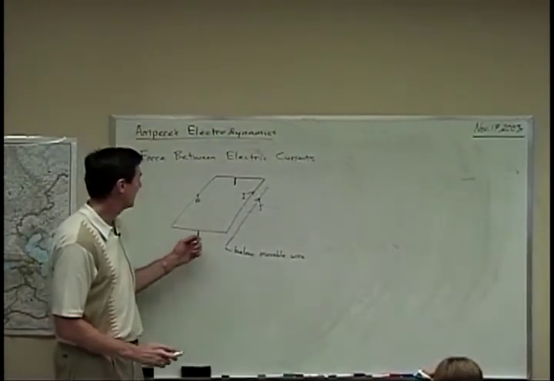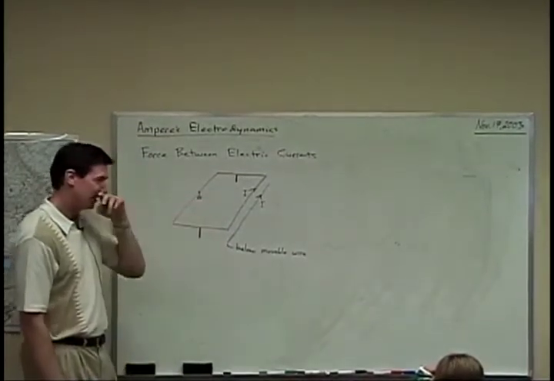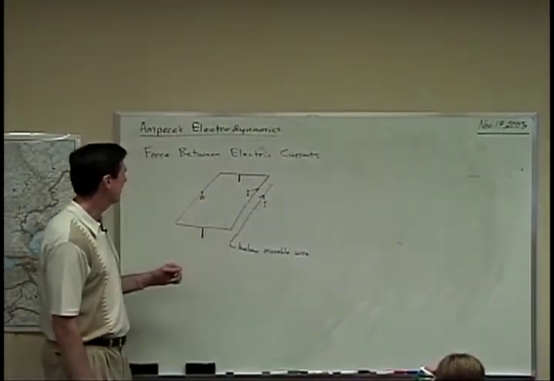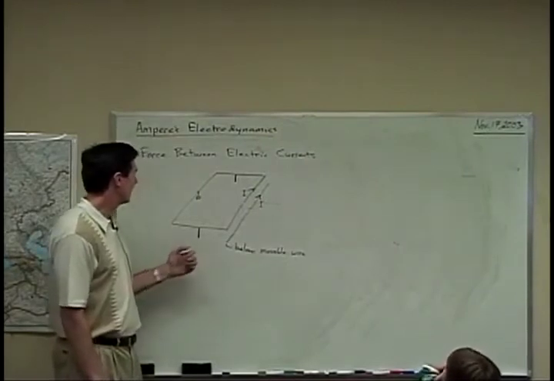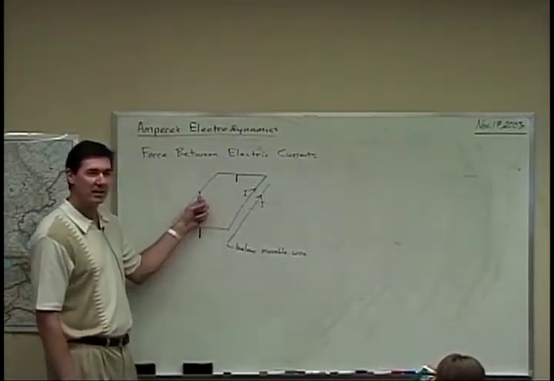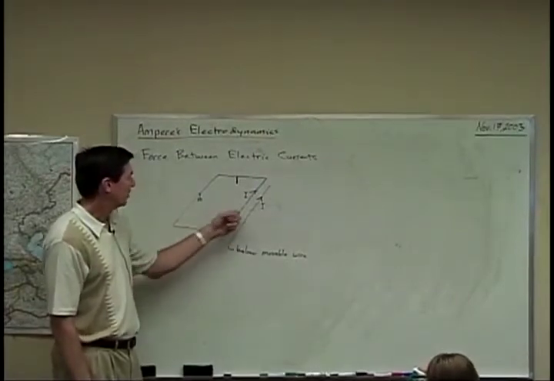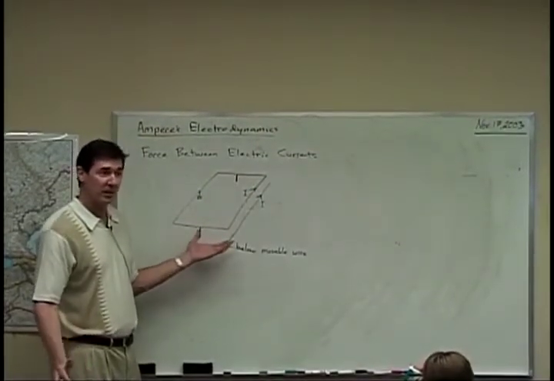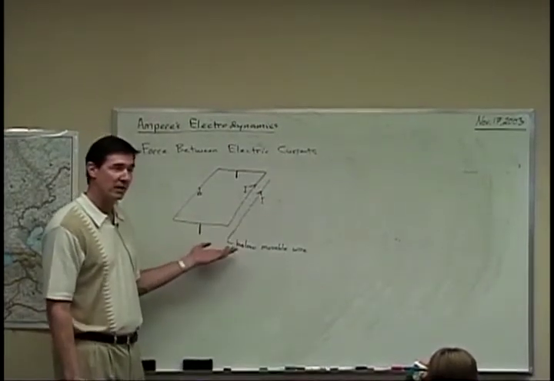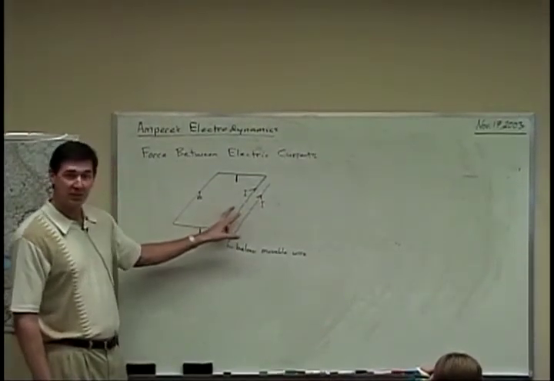Let's say we have to hang a 1 ounce weight on this side when we have a certain fixed current going through these wires, and they're a certain distance apart.